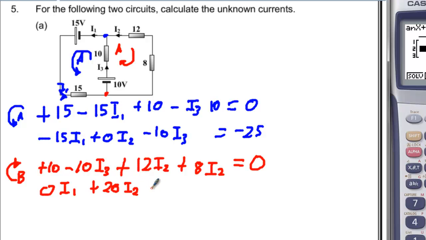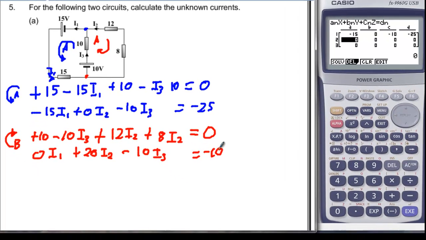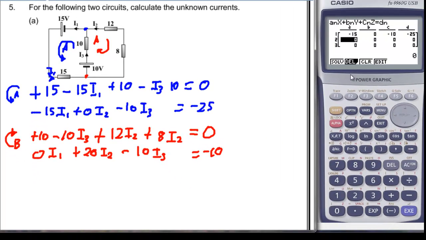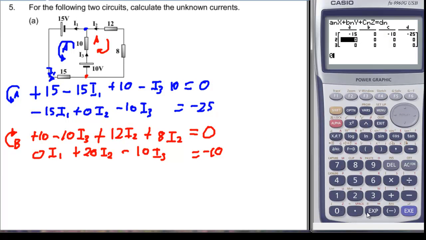Yep, minus 10 I3. And that's going to equal 10 on this side, so it's going to equal negative 10. I can come over to my calculator for my second equation, and I've got 0 as the first number, I've got 20 as my second number, minus 10 as the third number, and that equals minus 10.